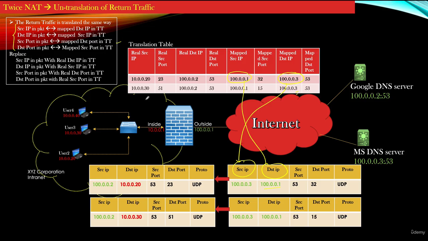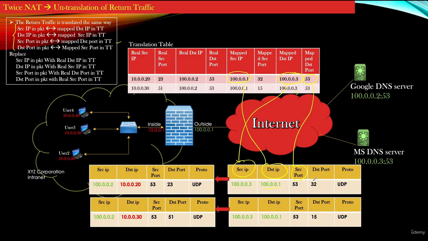The third criterion says that the source port number in the packet, which is 53, must be the same as the mapped destination port number in the translation table. So still both the rows in the translation table match all the criteria so far.